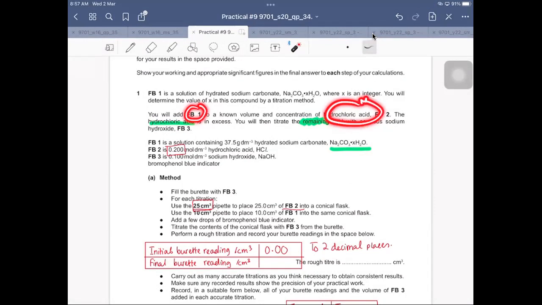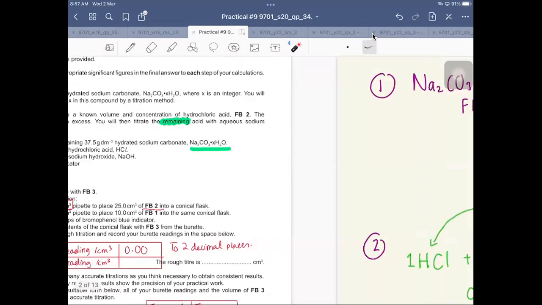Then the hydrochloric acid is in excess. You will then titrate the remaining acid. The remaining acid, meaning the unreacted acid from reaction 1, will then be titrated with sodium hydroxide. So this is the second reaction.